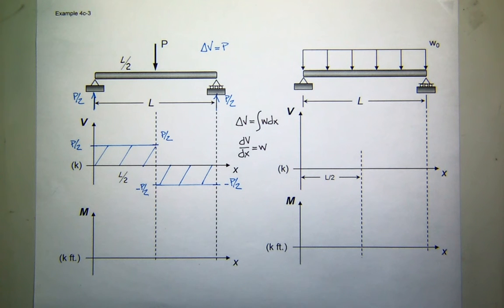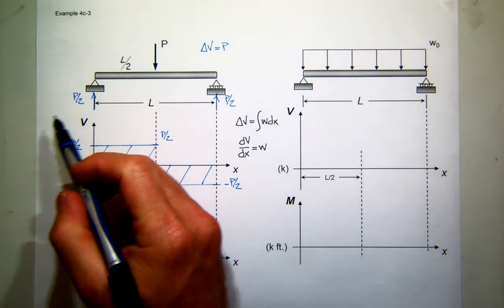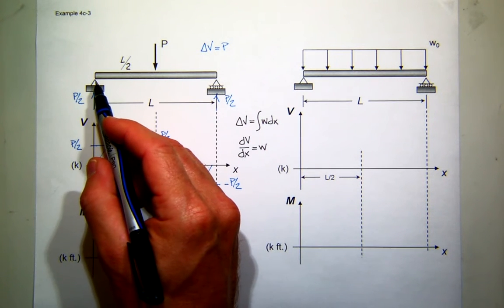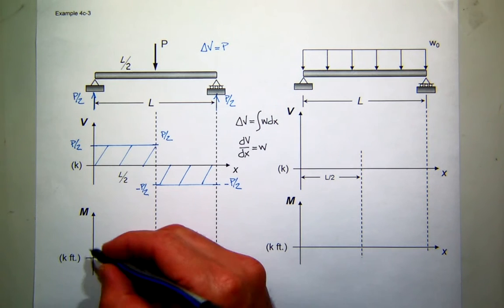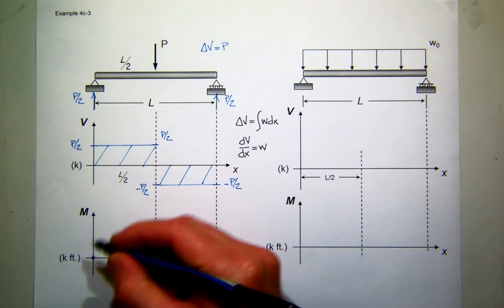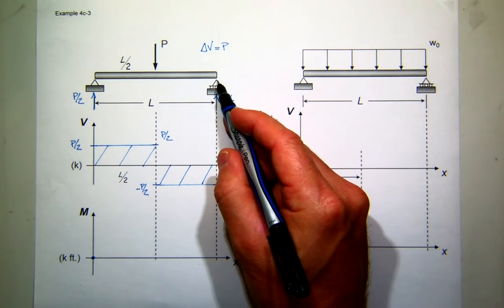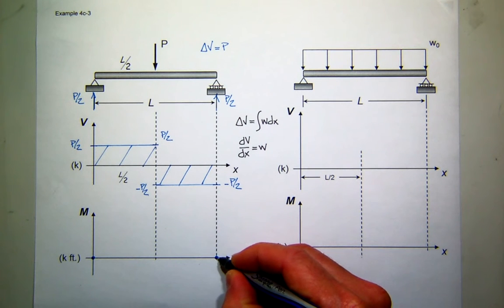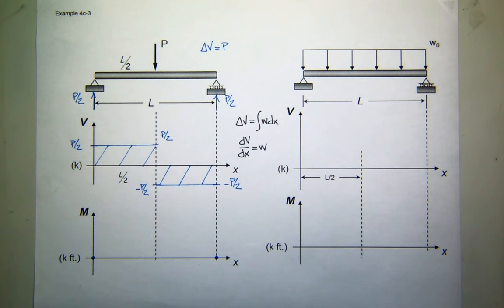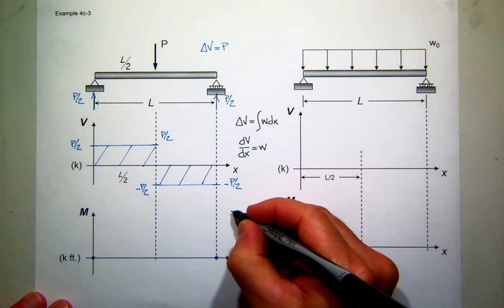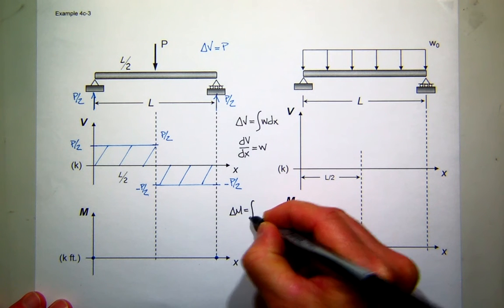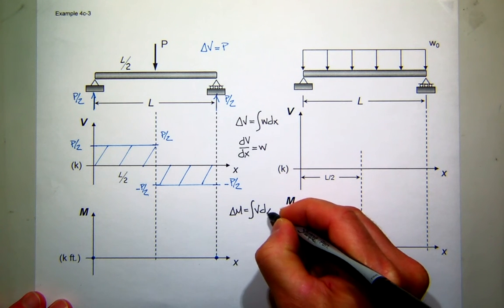Okay, let's do our moment diagram. What do we know about the moment? Do we know the moment anywhere in the structure? At this reaction, the moment is 0. And at the roller, the moment is 0. Now our relationships tell us that the change in moment is the area under the shear diagram.